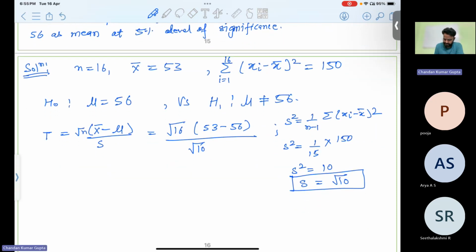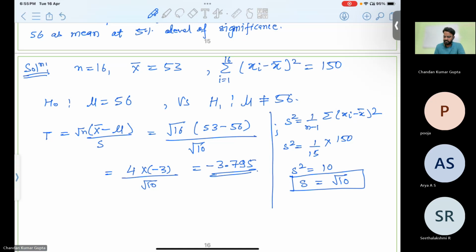So again, it is 4 into minus 3 and root 10. Use a calculator and find out. After calculating, we find the value is minus 3.795. This is the value of the statistic.